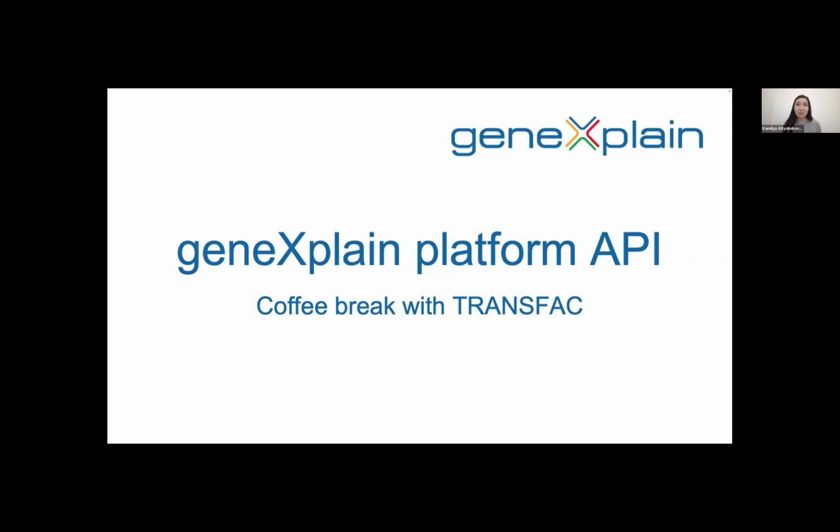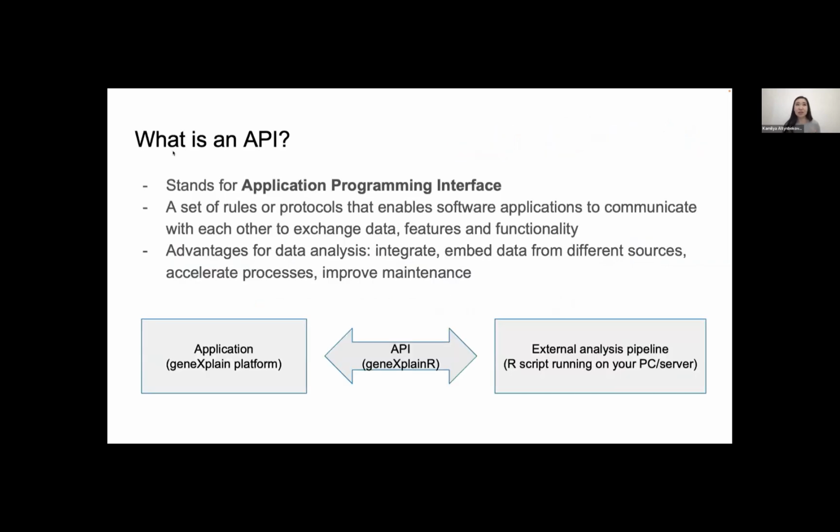I will start with just a little bit of the concept itself. API stands for Application Programming Interface, and this is a set of rules and commands that allow several softwares to talk to each other, to communicate.